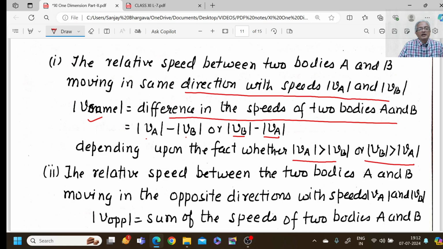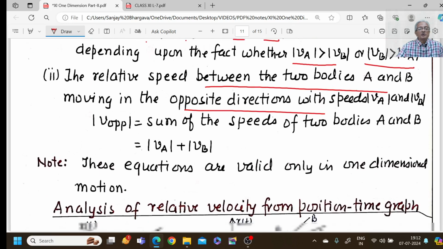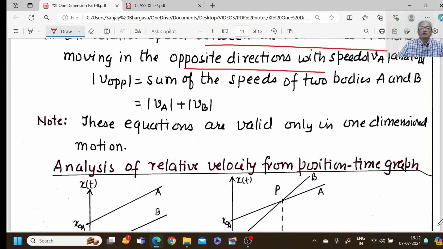The relative speed between two bodies A and B moving in opposite directions with speeds VA and VB is equal to the sum of the speeds, VA plus VB. Note, these equations are valid only in one-dimensional motion.